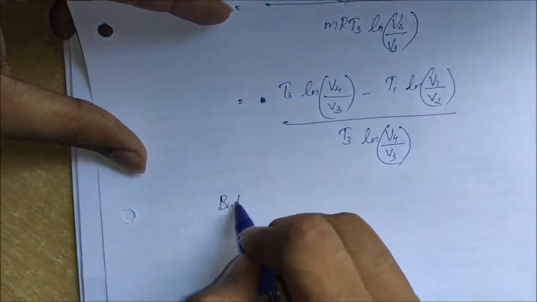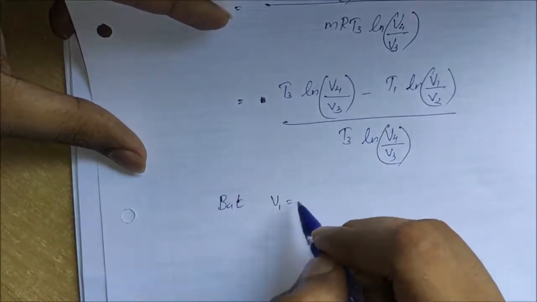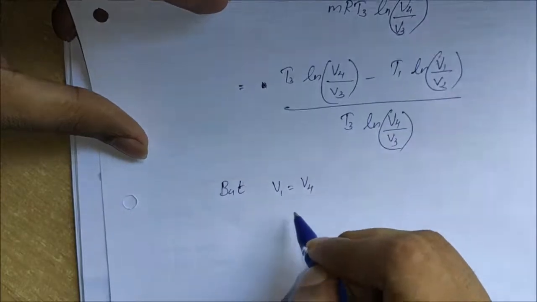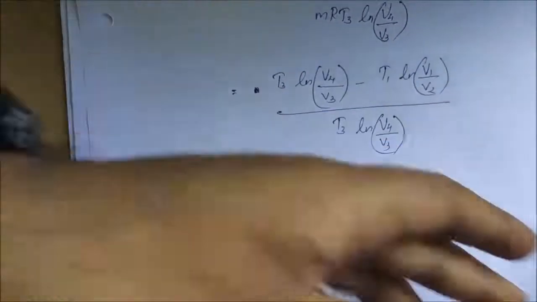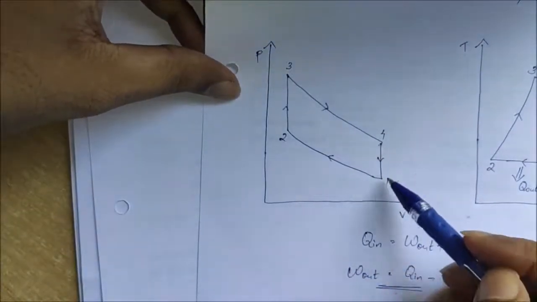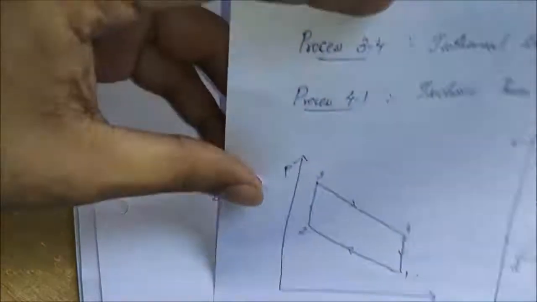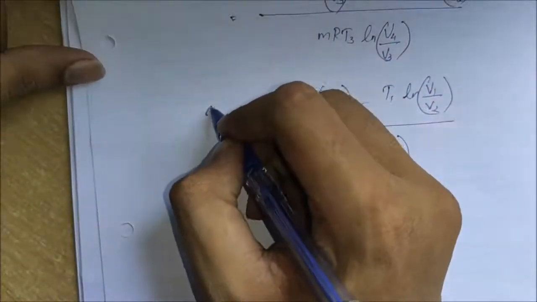Okay, fine. Good. But we know from the PV diagram that V4 is equal to V1 and V3 is equal to V2, because it's a constant volume process. So what will be the efficiency?